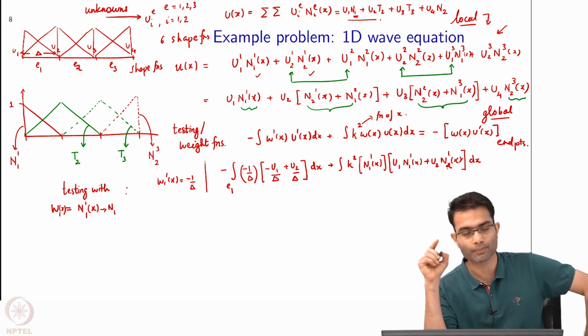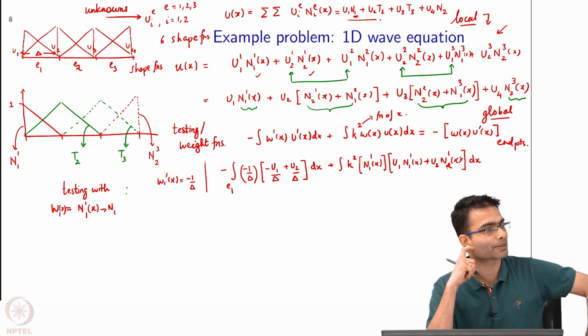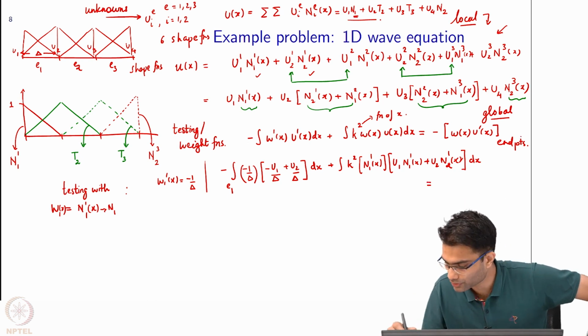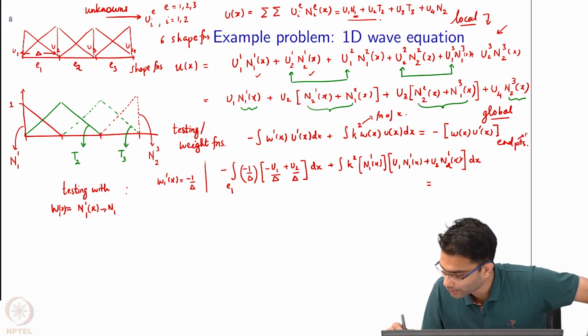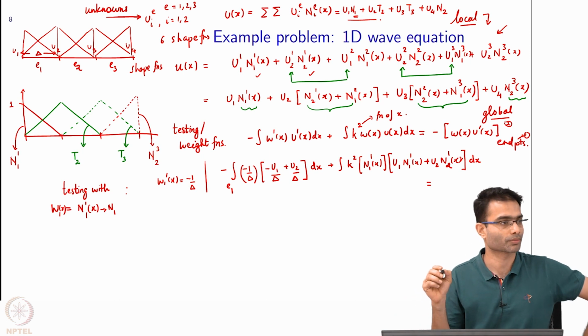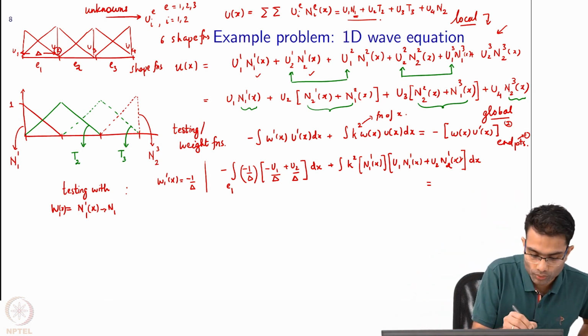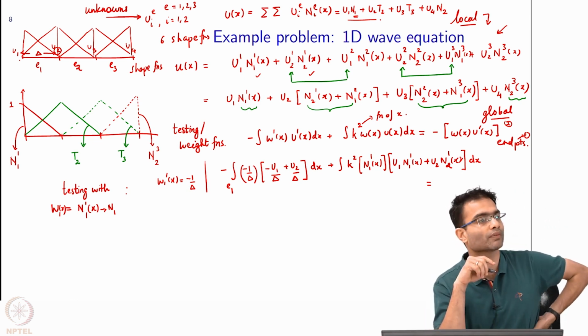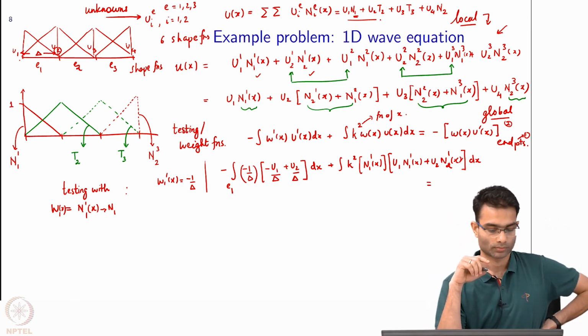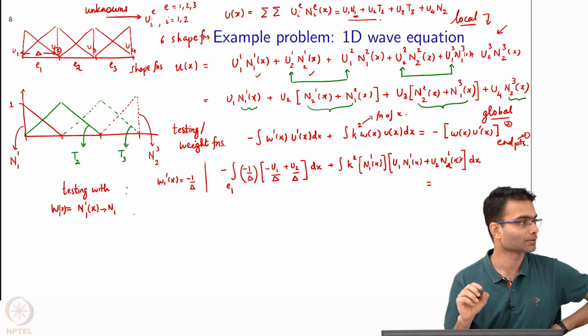Okay, so what can I say about the endpoints? At which points am I evaluating this? At u1 and u2 is where I have to evaluate this. So this is going to be at node 1 minus node 2. What is the value of wx at node 2? wx is my N1 x, 0.